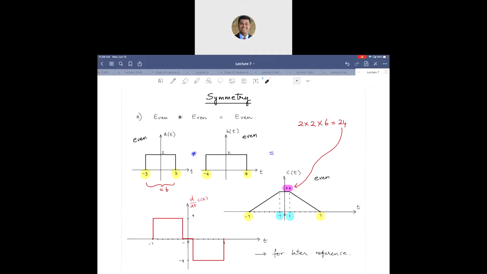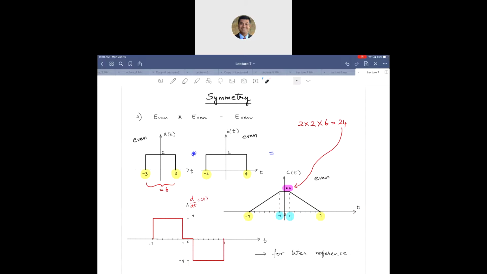So that will correspond to a slope of positive 4, from -7 to -1. Between -1 and 1, the slope is 0. From 1 to 7, the slope is -4. That corresponds to the linear function going down with time from 1 to 7 seconds. And you can see the slope is -4 there. Change in y is 24, change in x is 6. So for later reference, I'm going to preserve this.